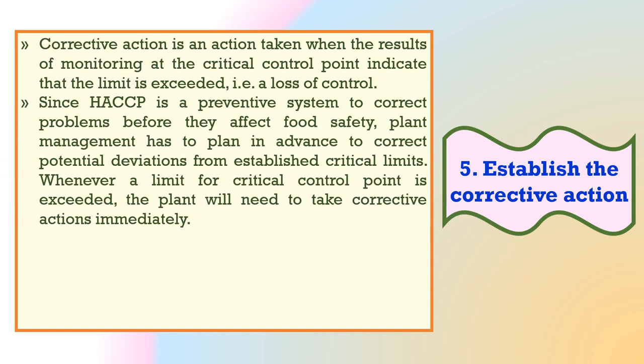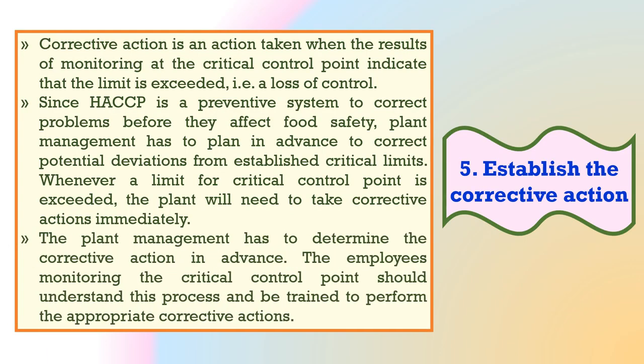Since HACCP is a preventive system to correct problems before they affect food safety, plant management has to plan in advance to correct potential deviations from established critical limits. The plant management has to determine the corrective action in advance. Employees monitoring the critical control point should understand this process and be trained to perform the appropriate corrective actions.